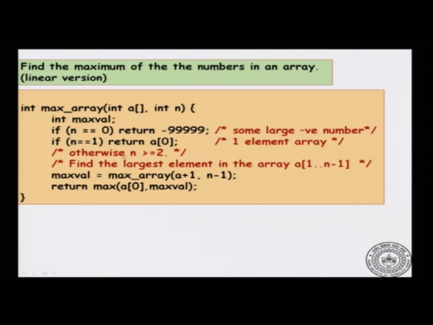Otherwise, you have at least two elements, and earlier what we did was you call the sub problem a plus 1, the array which starts with the second element, and now the sub problem has n minus 1 elements, because you are considering a 0, the first element, as a separate thing. Now, what you wanted to return was the maximum of whatever was returned in the sub problem. So, let that be some max val, and whichever is greater, a 0 or max val, is going to be the greatest element in the array.